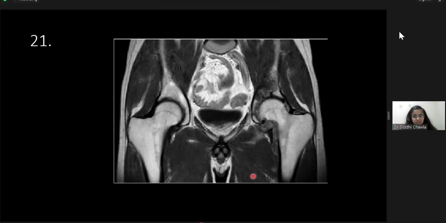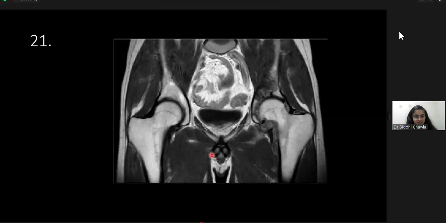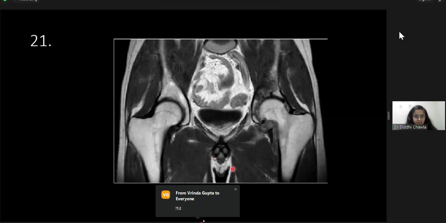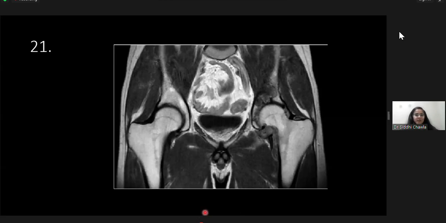But I cannot see the comments along with this image. Why is it like that? I cannot see the chat, yeah, I can see the chat. Everyone can see, but I am not able to see. It is like both windows are not working together.